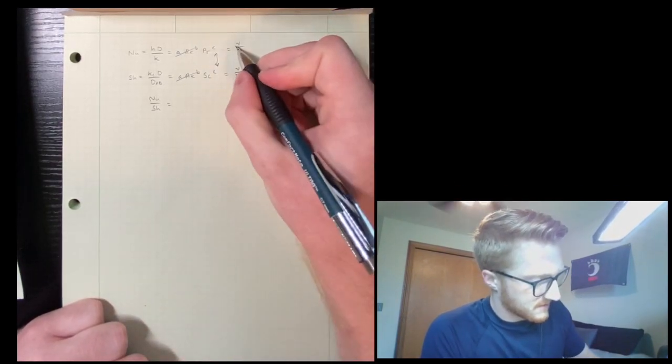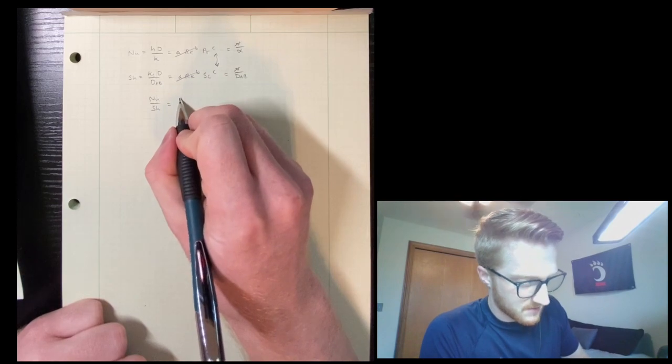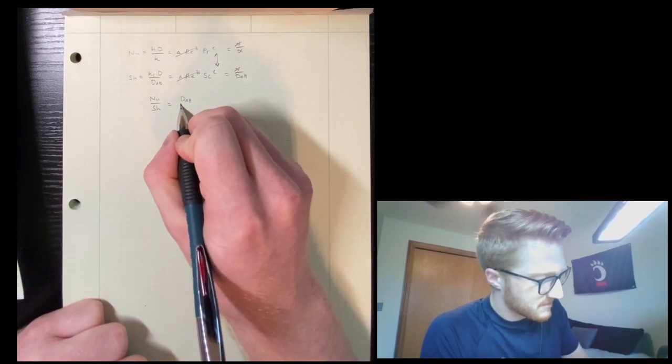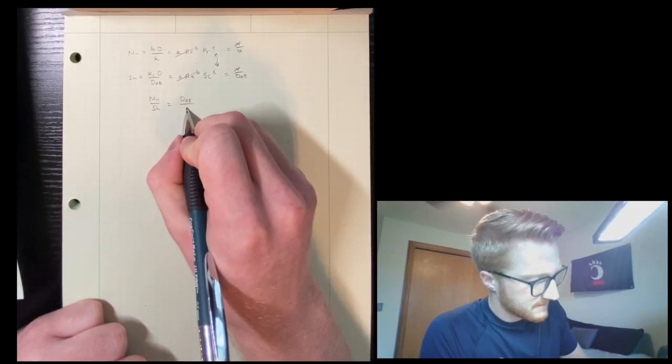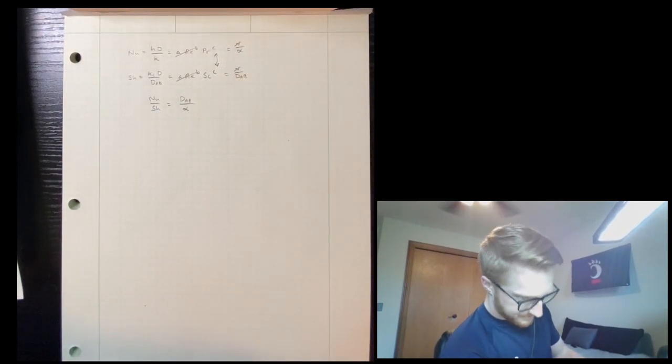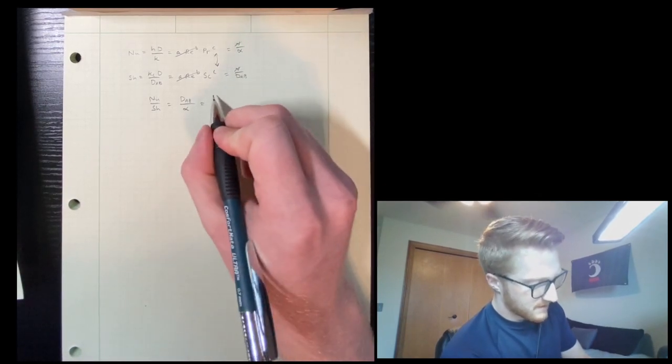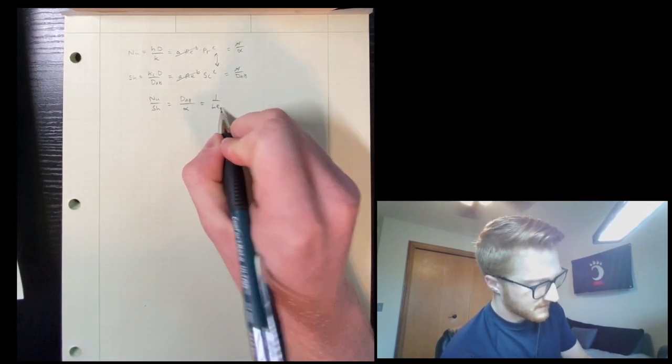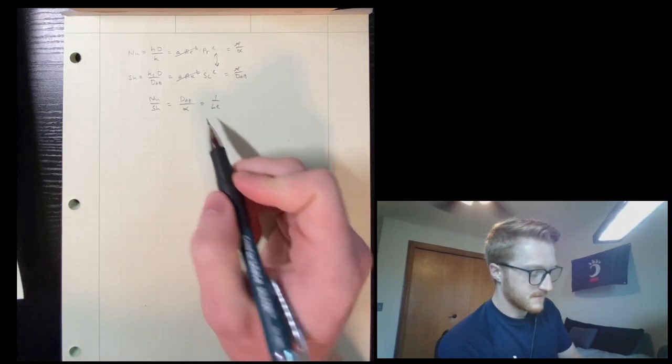And so we know that those are going to cancel out, and this is going to equal the diffusion coefficient over the thermal diffusivity. And so this is what is referred to as 1 over the Lewis number.